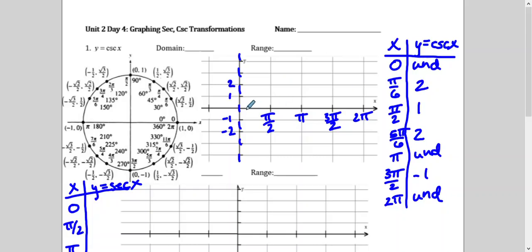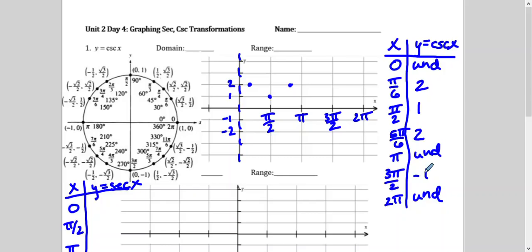Notice pi over 6 is closer to 0 than it is to pi over 2. So pi over 6 is going to be approximately here, and there's 2. Pi over 2 is 1. 5 pi over 6 is closer to pi than it is to pi over 2, so it's going to be about here, and it also has a cosecant of 2.